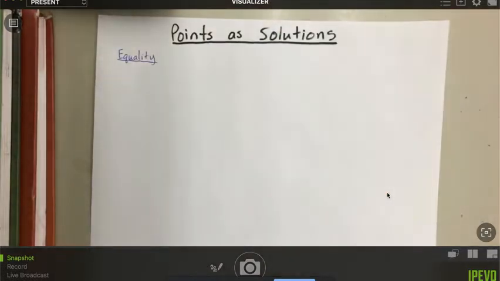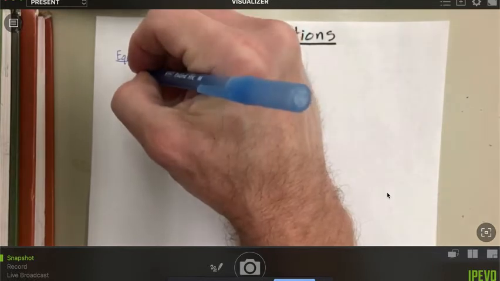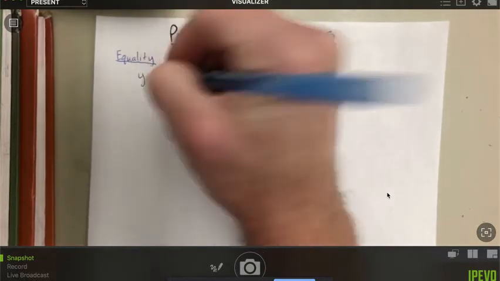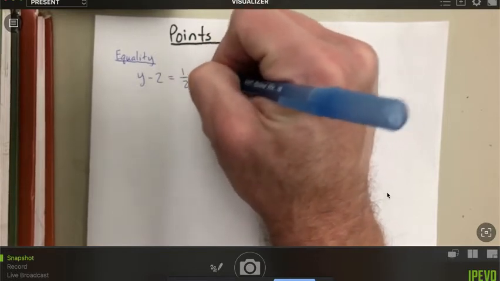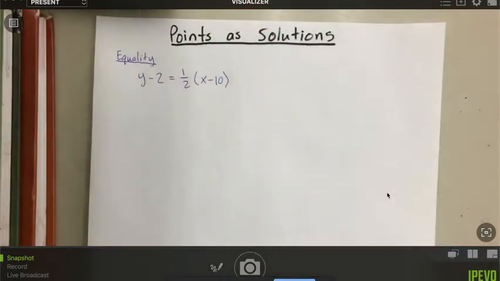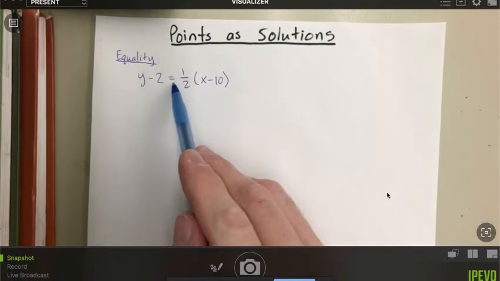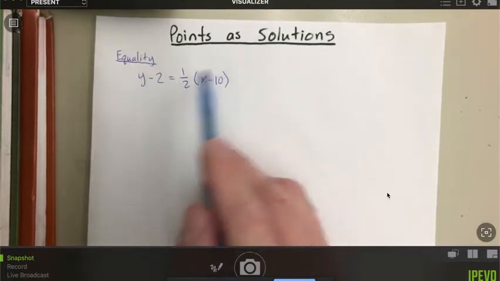So when I think about points as solutions, I'm thinking about a line in particular. So when I say equality, I mean something like, let's say I give you this. So we're talking equality because we're saying that this side equals this side.